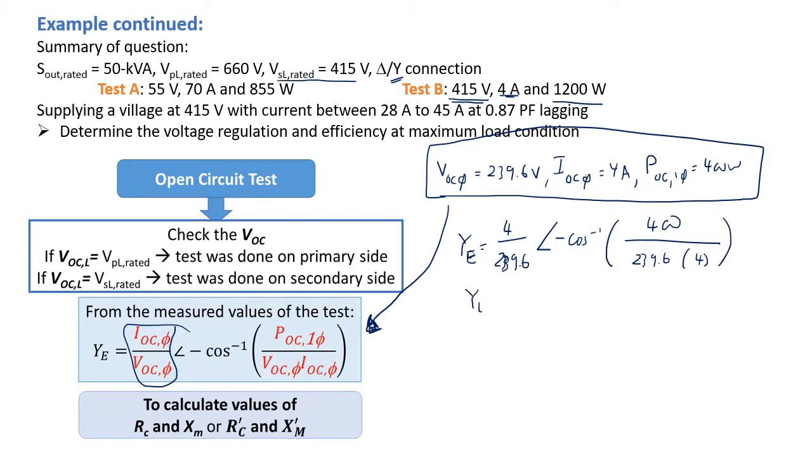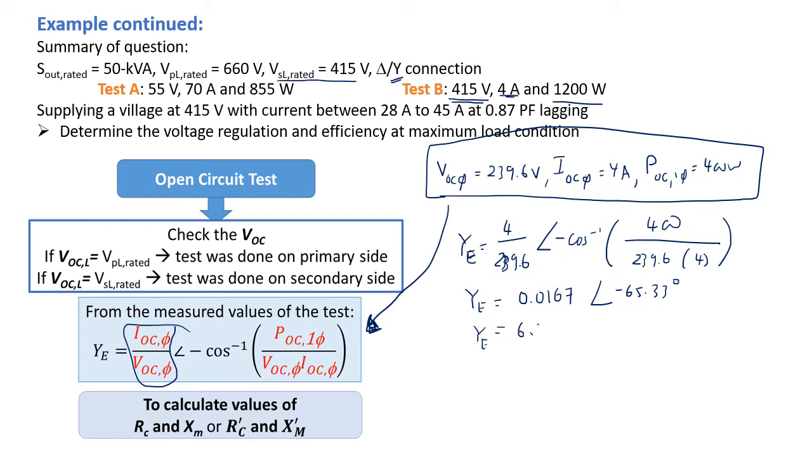That will give us YE in polar form of 0.0167, angle negative 65.33, but we need to convert this into rectangular form with real and imaginary parts.